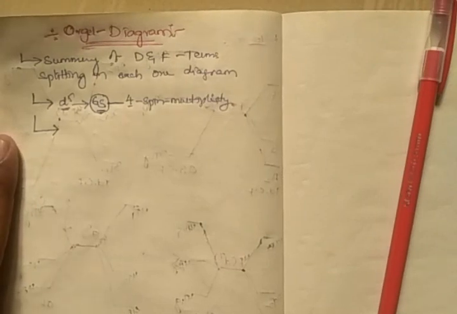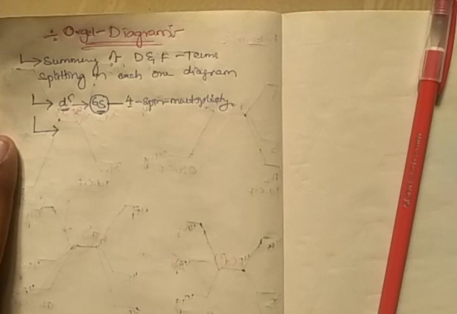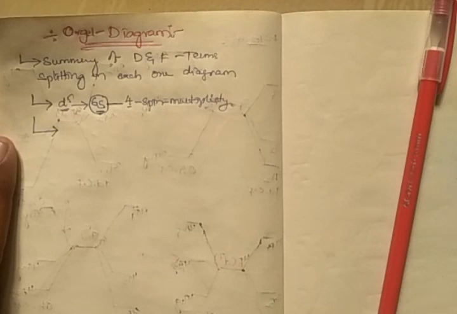So he also discussed the curved natures and why they take place. All of this is explained in the Orgel diagrams.